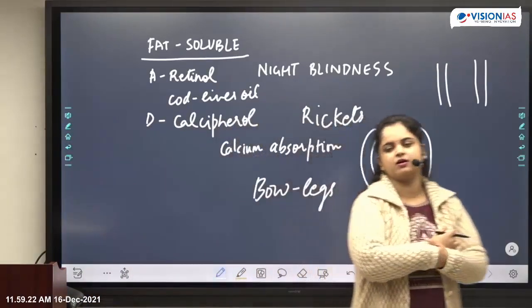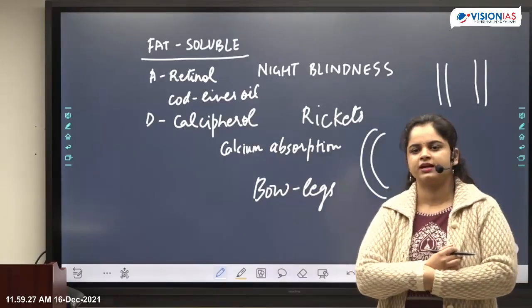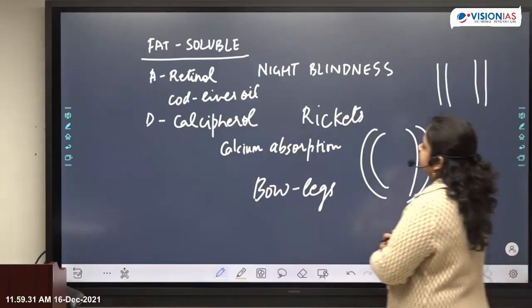And then you can write down the disease, rickets in children. Deficiency disease of vitamin D.